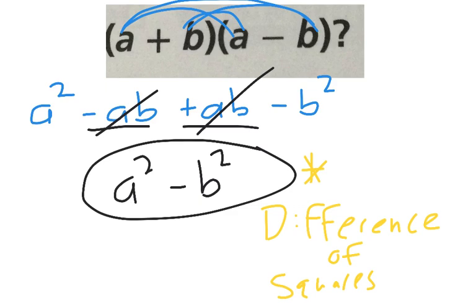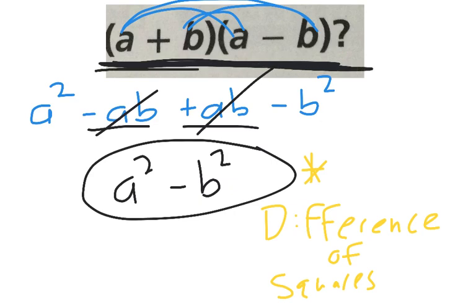Now, here's what happened. Look at my two parentheses that I multiplied at the beginning. What do you guys notice about those two binomials? They're not exactly the same, but they are almost the same. What's different about them? The sign between the terms is different.